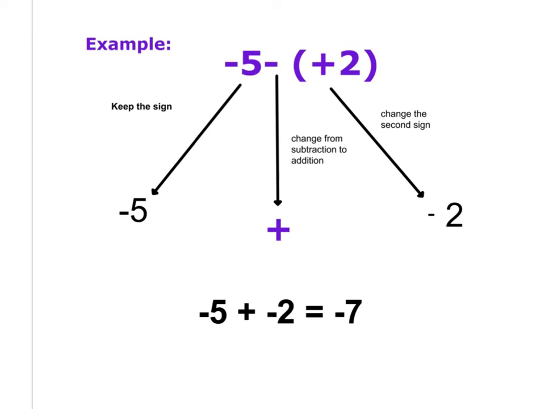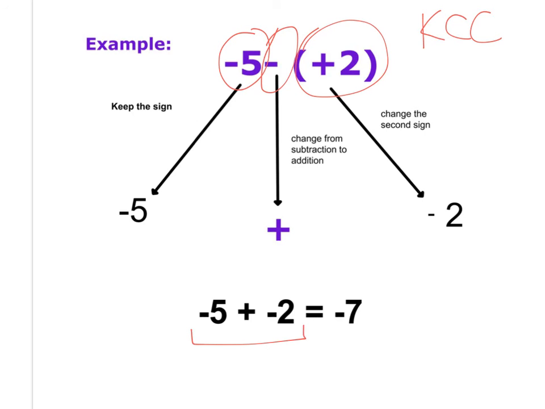All right, now let's look at this one. This one's a little bit different. So here we're going to do the KCC again. We're going to keep the negative 5. We're going to change the subtraction sign to addition. And then we're also going to change the positive 2. Right now it's positive 2, but I'm going to change it to negative 2, right? So negative 5 plus negative 2. When we have two negative numbers, we add them and keep the sign.